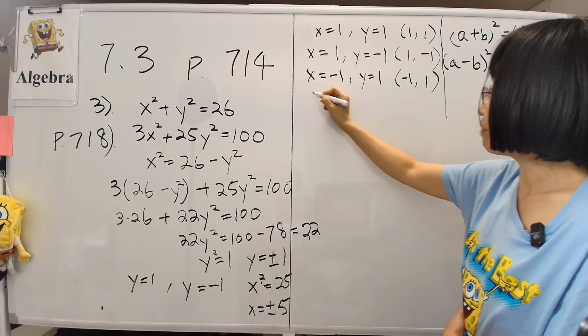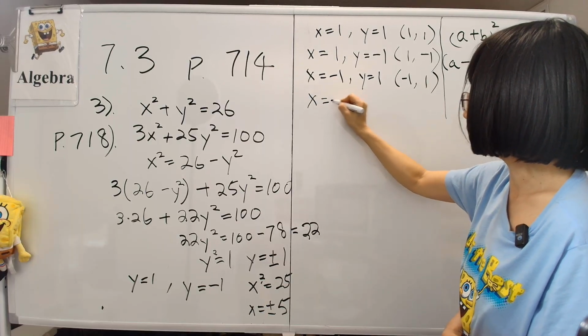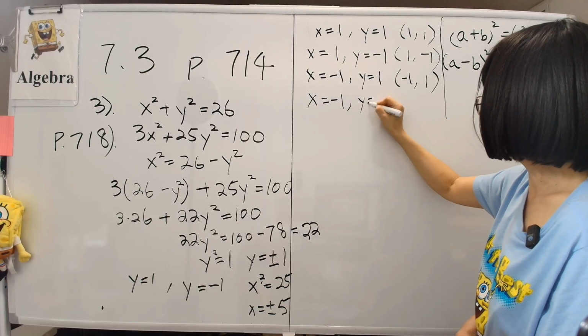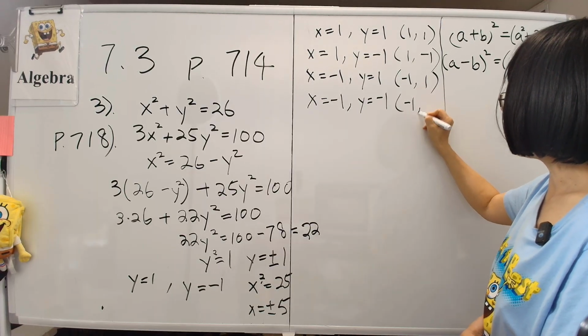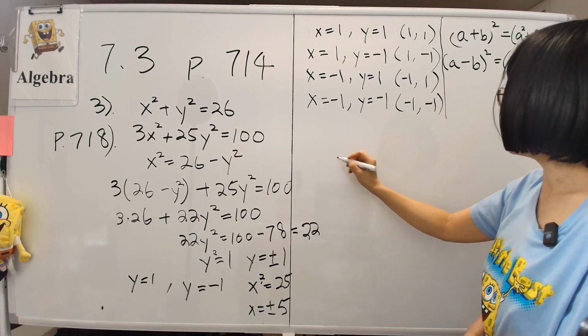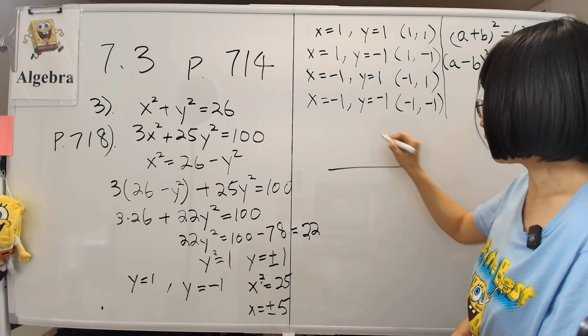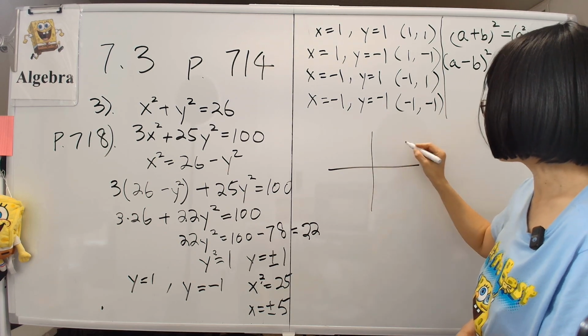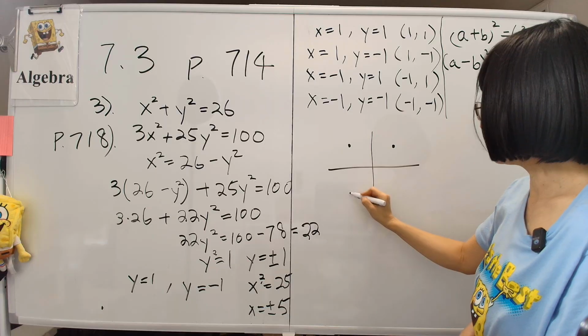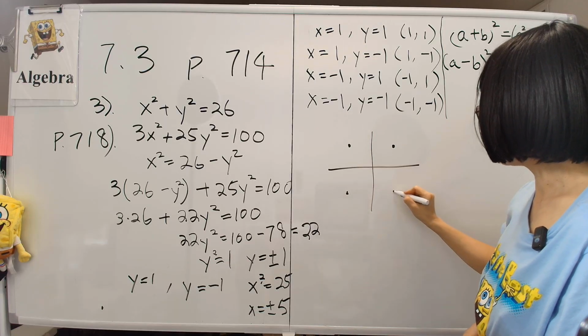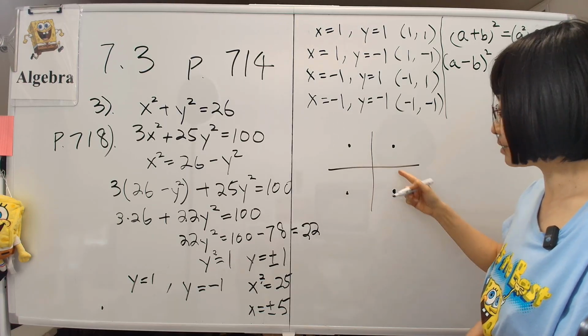And finally, x equal to minus 1, y equal to negative 1, so we get this point. If we were to graph these 4 points, we have positive 1, minus 1; minus 1, positive 1; and minus 1, minus 1.